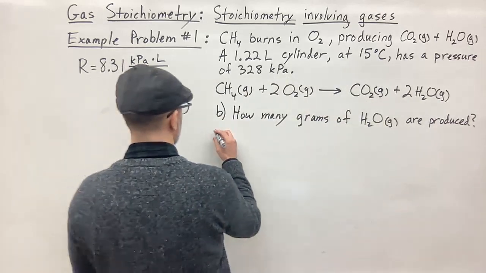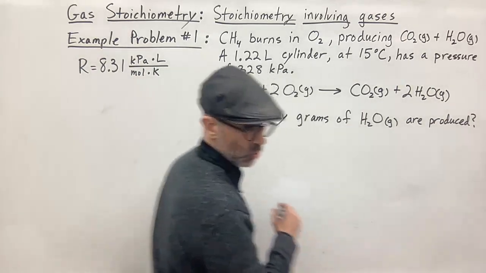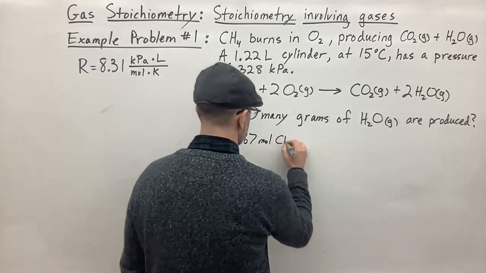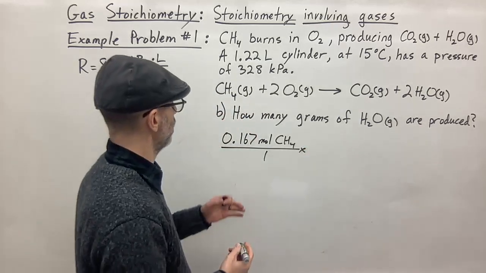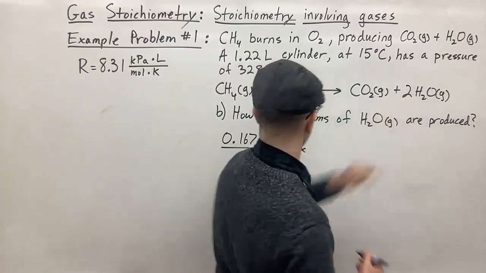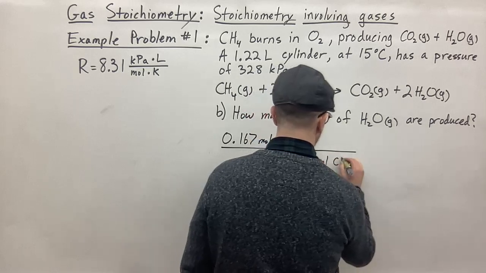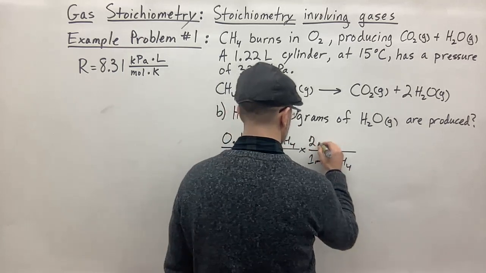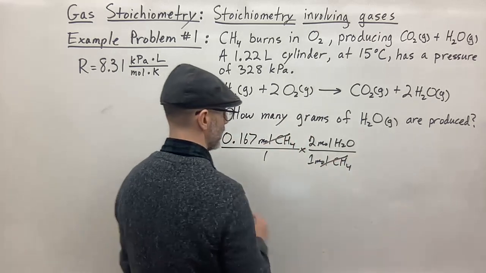So the moles of CH4 was 0.167 moles of CH4. And then I can use the mole ratio of my balanced equation. So here it's a 1:2 ratio. So I'm going to put 1 mole of CH4 on the bottom, and I have 2 moles of H2O on top. So the moles cancel out.